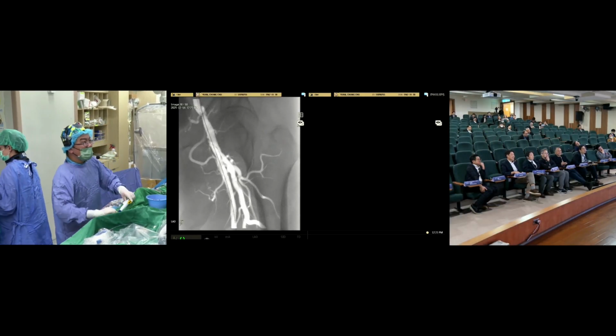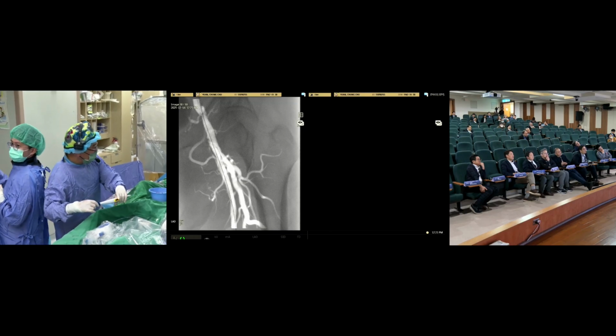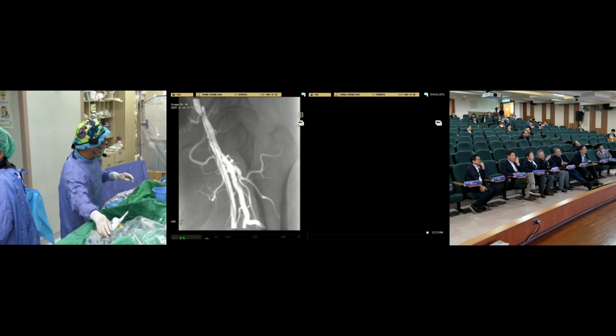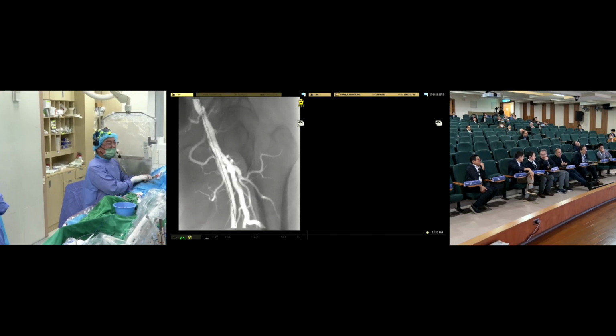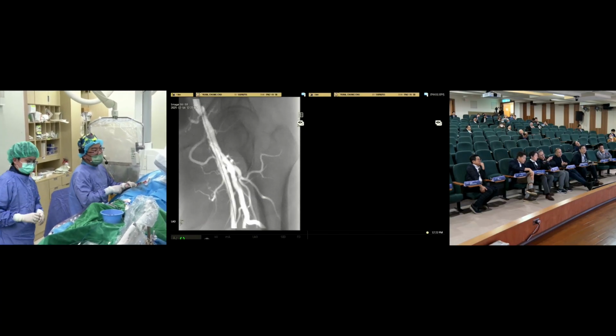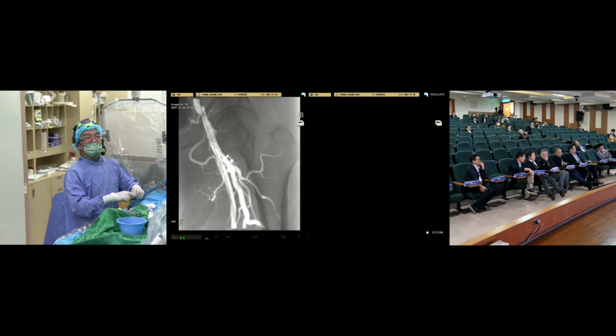Yeah, the stent struts impede the advance of the additional stent. So we need to advance my sheath, enter the stent first and deploy later.